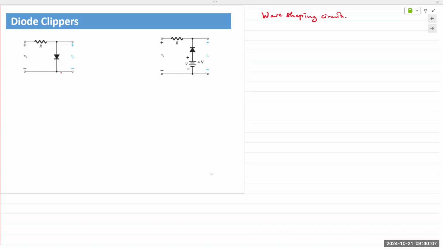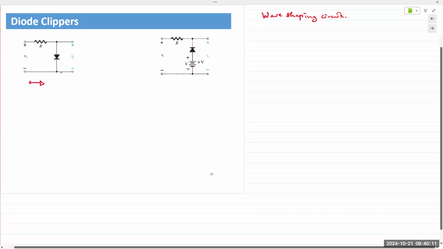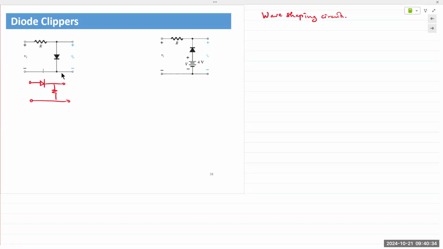That circuit, the half-wave rectifier, was a series connection, right? The output is connected in series to the diode. In this circuit, we are taking the output across the diode, so in parallel to the diode. So we can call it a parallel clipper circuit. A half-wave rectifier is also a wave shaping and a diode clipper circuit.